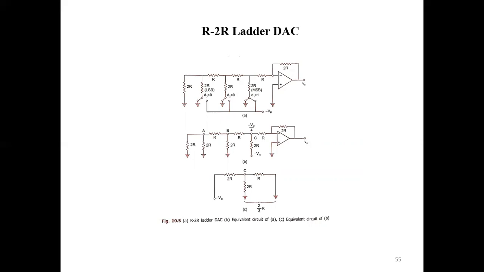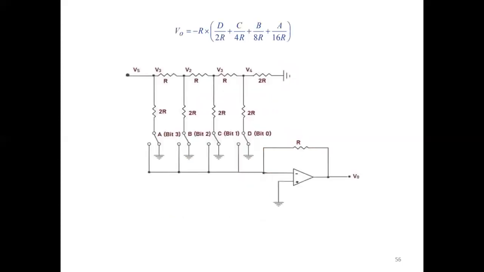This is the R2R ladder DAC. When analyzing an input like 100, we use the resistance network and simplification to define the output. That is, V out is equal to minus R into D by 2R, C by 4R, B by 8R, A by 16R.